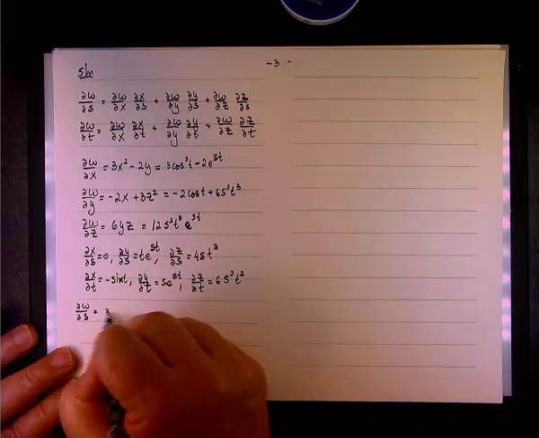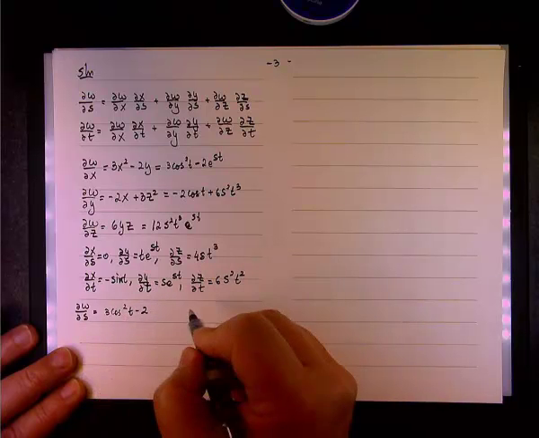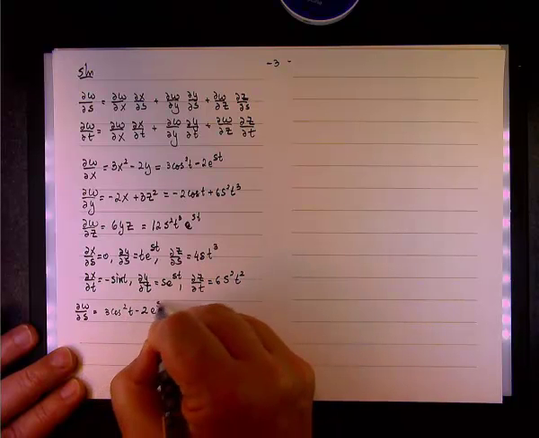Z is s squared t cubed and e to the st. I always like to keep the exponent at the very end.